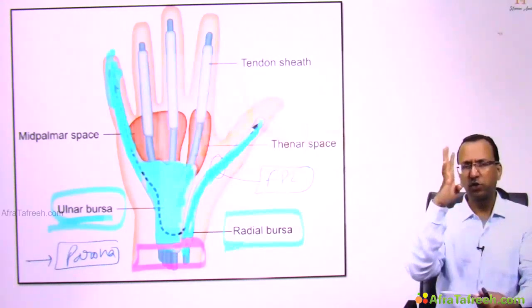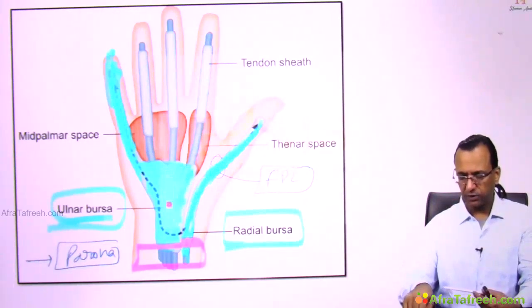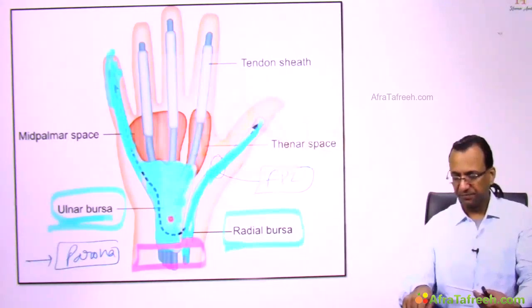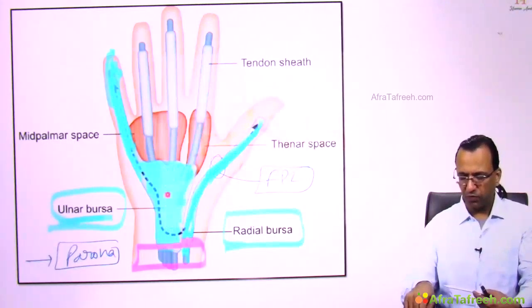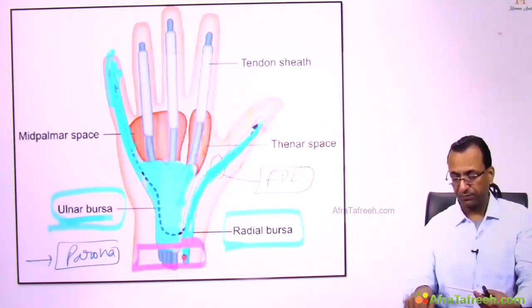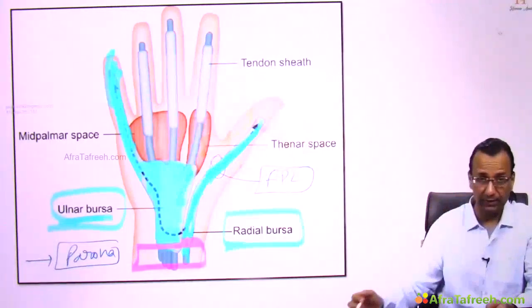So you're saying that the flexor digitorum tendons have a synovial sheath, that is the ulnar bursa? Yes. Communicating with the forearm space of Parona sometimes, yes, infection can come there also. So these are some of the basics which we need to know about the hand spaces.